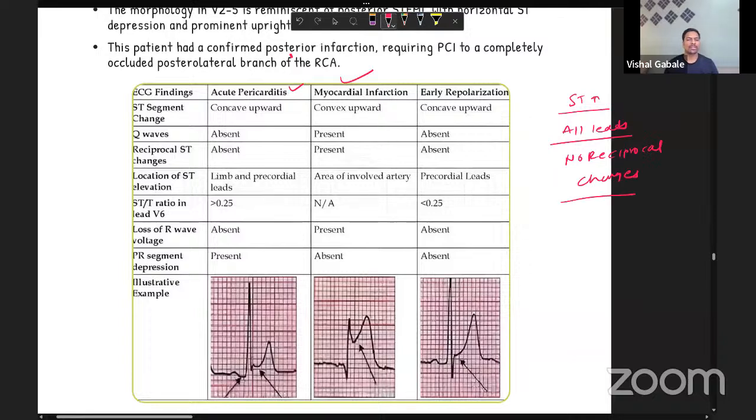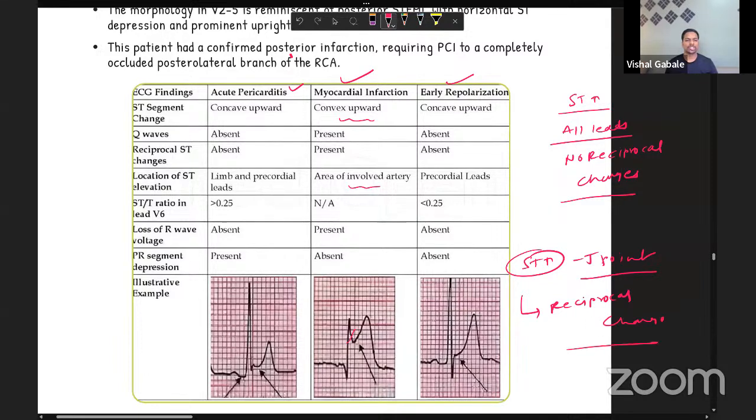In case of myocardial infarction, you will have ST convex upward, isn't it? There is a convexity upwards, and there will be reciprocal changes. Got it? And this is about myocardial infarction. Then benign early repolarization. Obviously, ST elevation will be there at the J point, but this will not fulfill the criteria for myocardial infarction, and there will be no reciprocal changes.